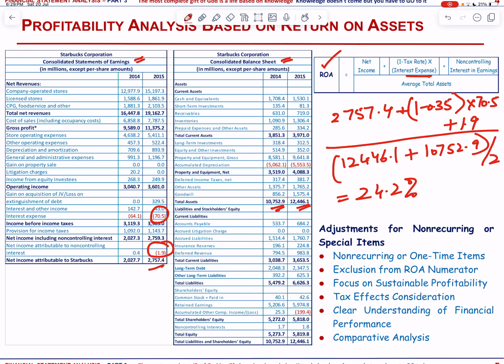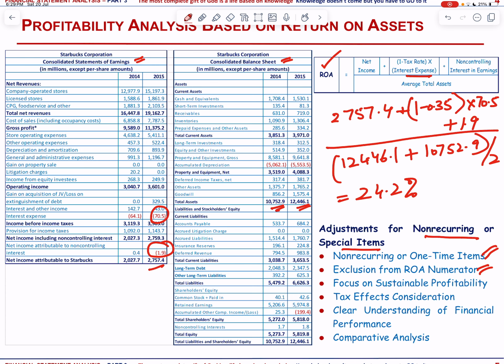Next, let us talk about adjustments for non-recurring or special items. Non-recurring items are one-time items, and they include gains from acquisitions, losses on debt, or other non-recurring gains or losses that can distort net income. Analysts often exclude these non-recurring items from the return on assets numerator to focus on core operational performance.